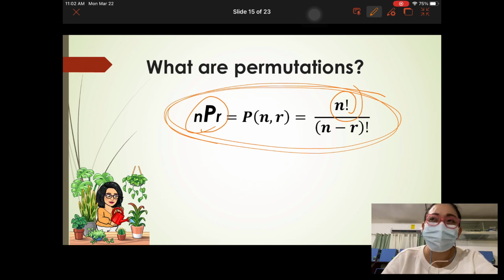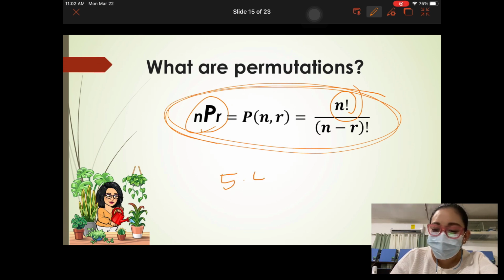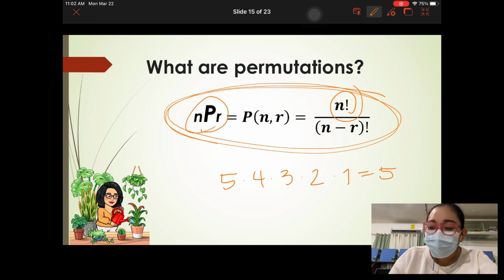Ginagamit po yan natin sa ating fundamental counting principle. Naalala nyo yung 5 people na nagte-take ng photo? Ano yung nangyari dun sa numbers niya? Diba? 5, 4, 3, 2, 1. Tama? Naalala nyo? Yan po yung tinatawag natin na 5 factorial. Okay? So, ang factorial po, yan po yung ginagamit natin for permutations and for combinations.